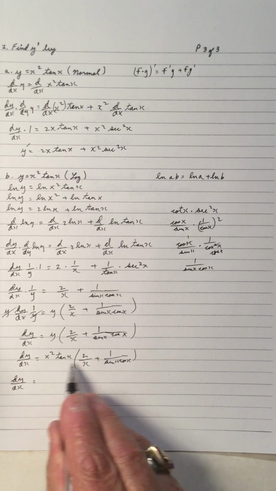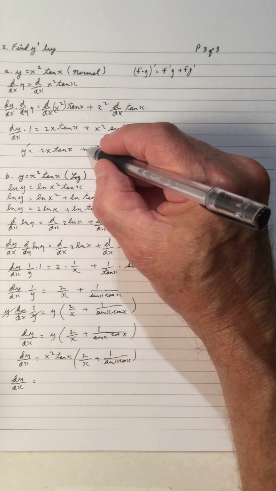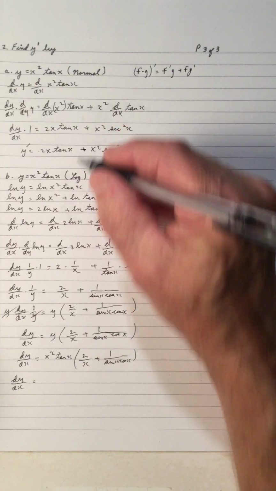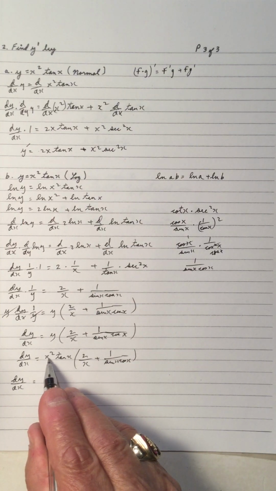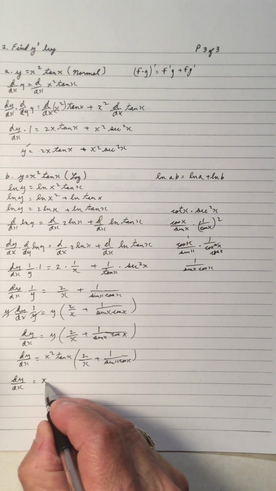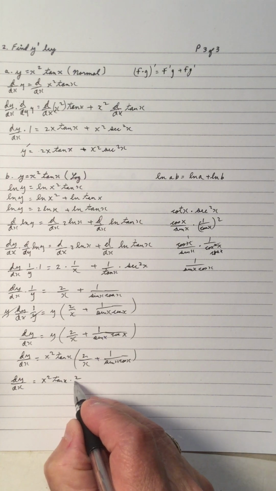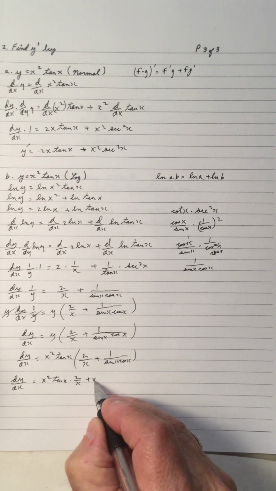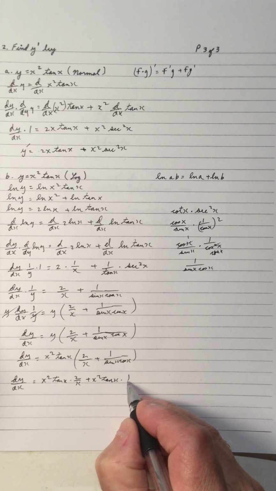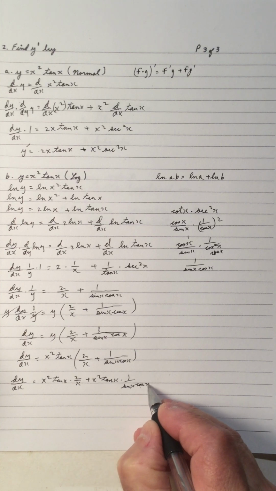Now, I'm going to distribute the tan through here, because you notice when I did this, I have a plus here. So I'm going to multiply x squared tan x by both of these expressions. So x squared tan x times 2 over x, and x squared tan x times 1 over sin x cos x.